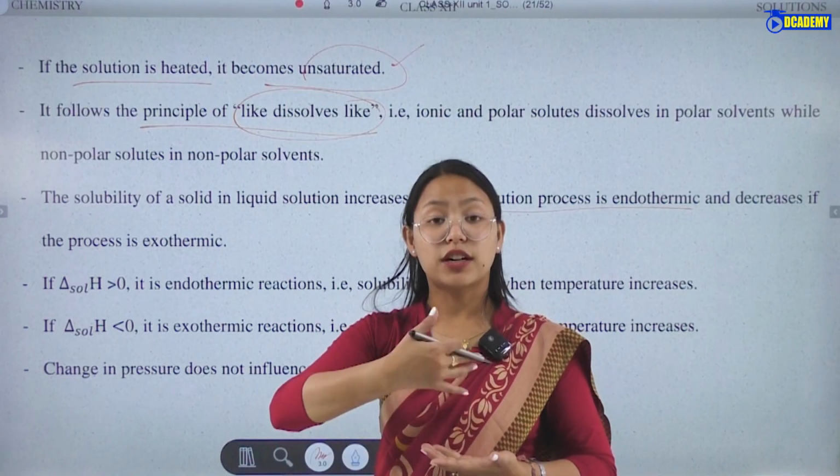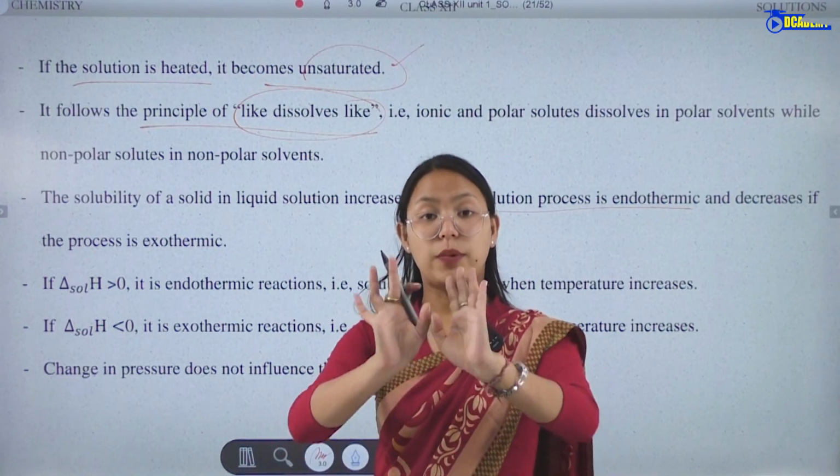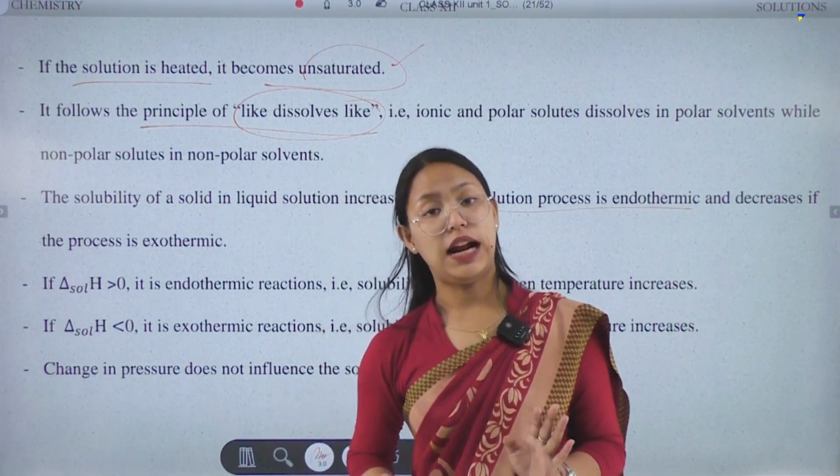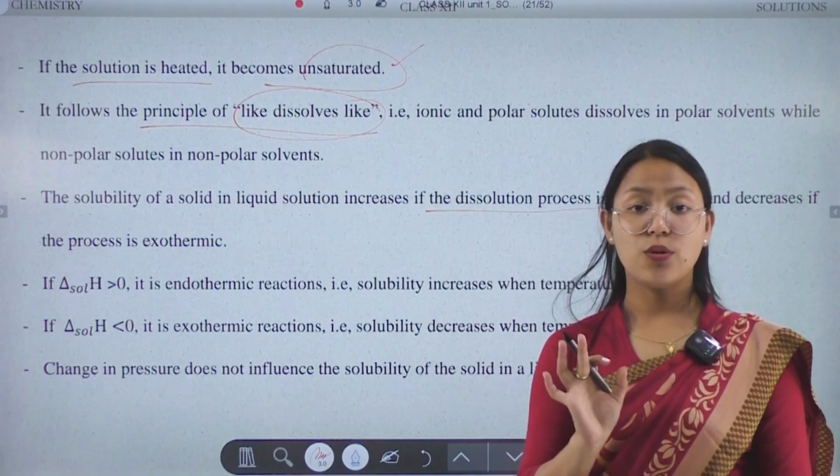Then if it is exothermic, that means heat is released, heat is emitted, so it becomes exothermic.